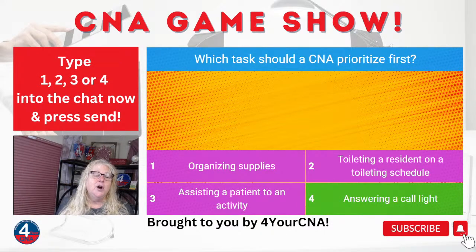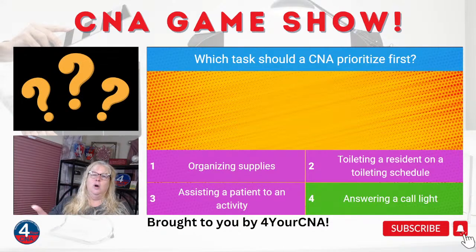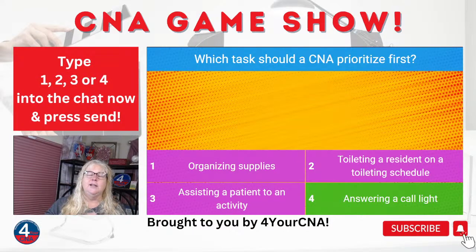Yes. So let me pause this for just a second so that we can talk about this. Okay. So here's the thing. When you go into work and you get your shift report and find out your patients and get all the information you need to care for them, you're probably going to the supply shelf, figuring out what supplies you need and restocking, getting ready for the shift that's coming up.